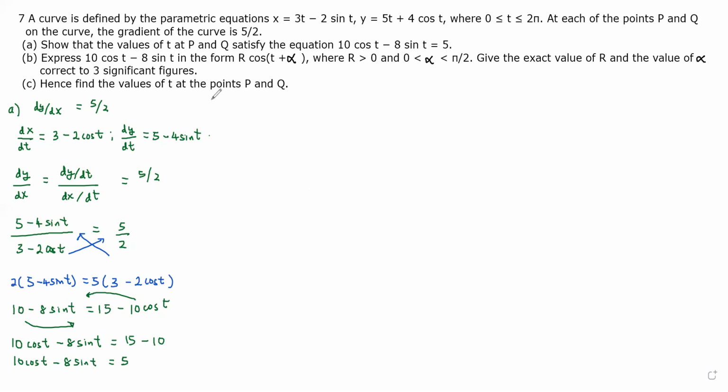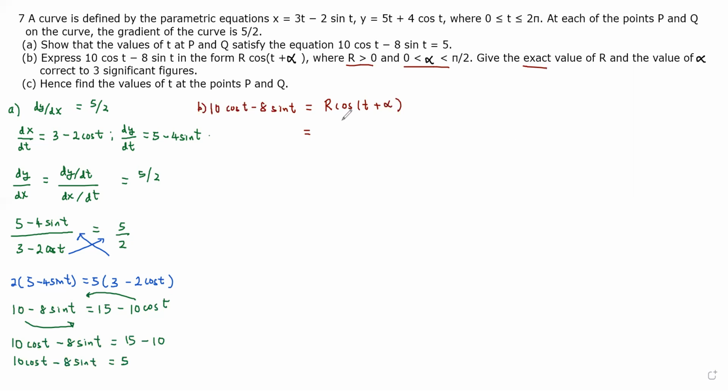Part B, we are to express 10 cos t minus 8 sine t in the form R cos(t plus alpha). R must be positive and alpha must be an angle in the first quadrant. We need to find the exact value of R and the value of alpha correct to 3 significant figures.